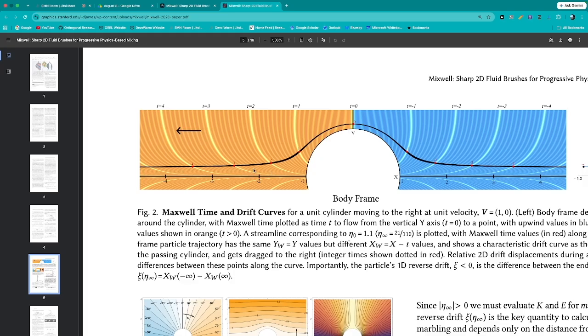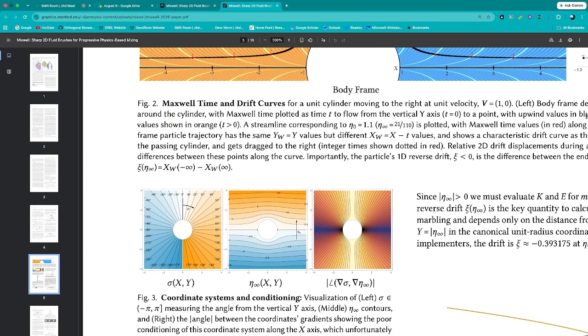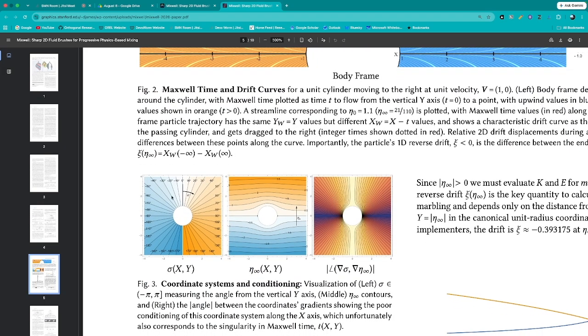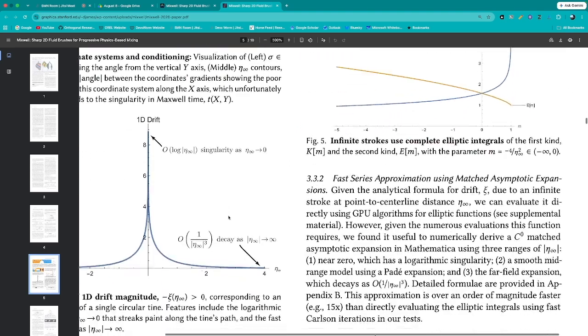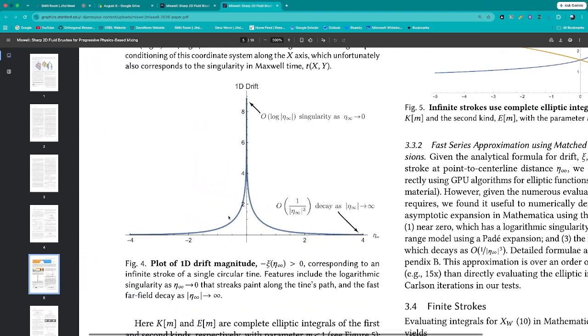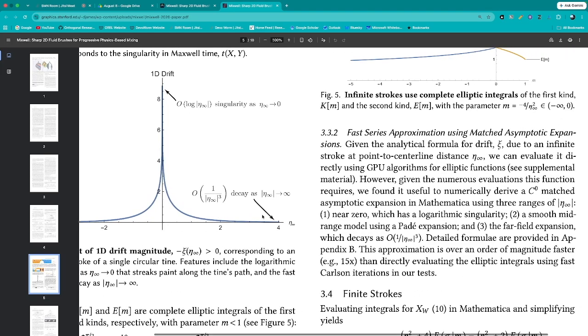The movement of this cylinder is to the right, and it's advecting in this way. And then this shows the different coordinate systems, representing the cylinder and the flow in different coordinates, and its rotational field in different coordinates. And then some of these are graphs that show the magnitude of drift and other things going on there.